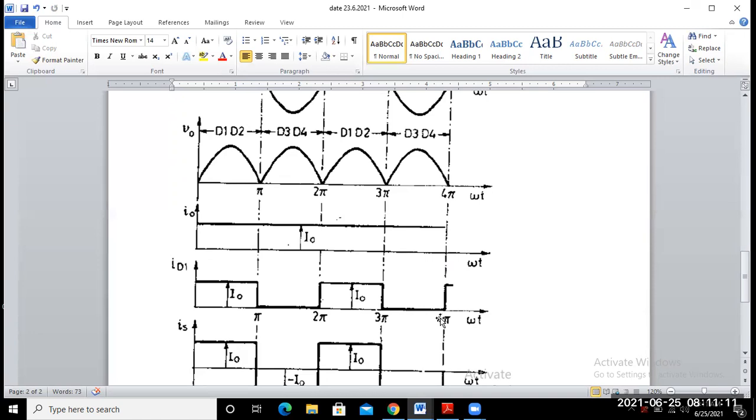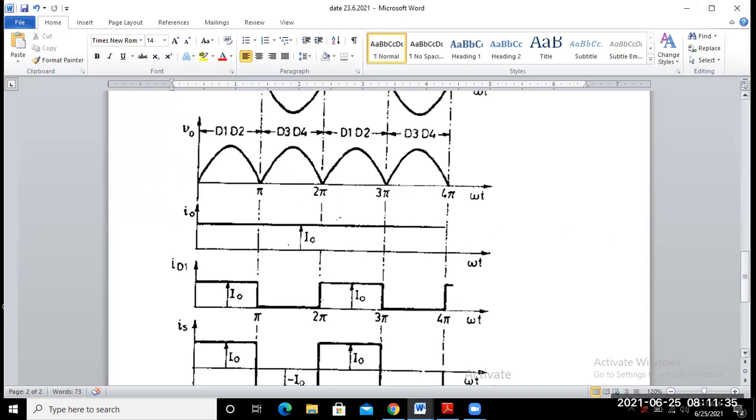So this is the part of the circuit. Now, what is the next quantity, the average output value of the voltage? The average output voltage for this output waveform we already derived in the previous class.